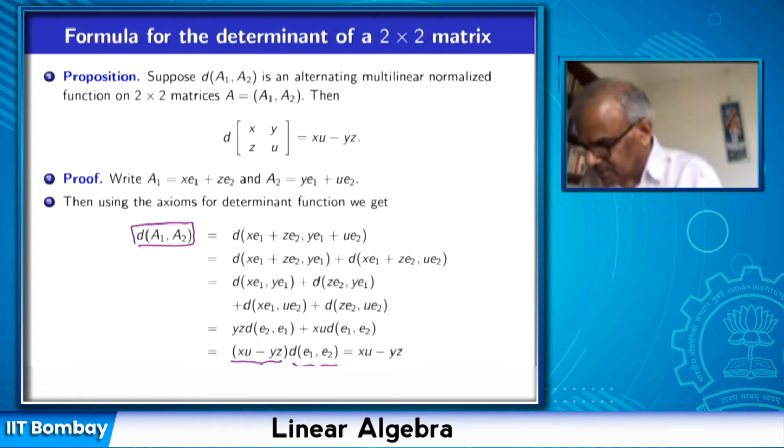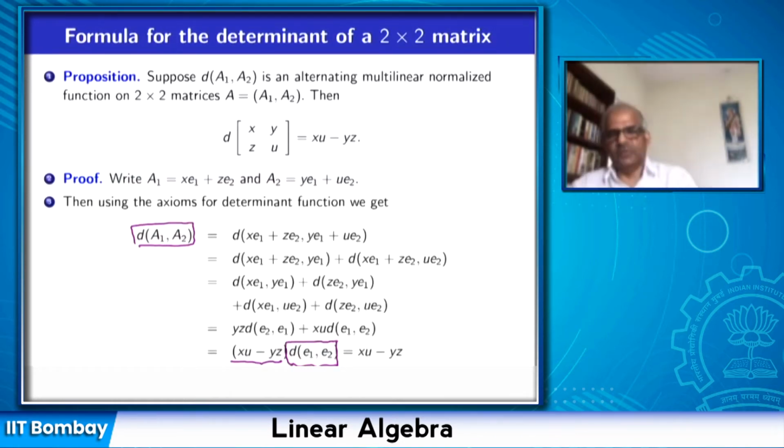Once I fix the value of D on the identity matrix, this multilinear alternating function is determined. It is a multiple of the usual determinant, where this factor is D of e1, e2. That's why we use the term normalization, because we declare D of e1, e2 as 1. So then we get the formula for the determinant of 2 by 2 matrices.